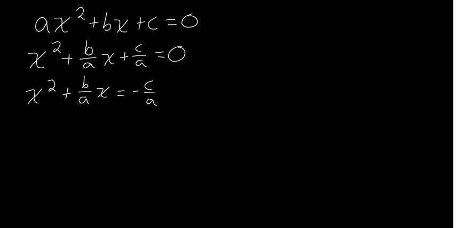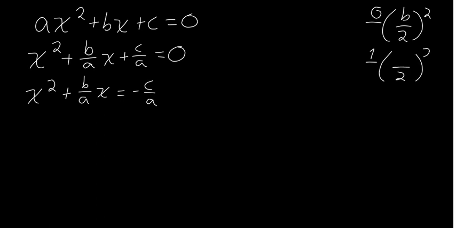Now let's go over here. We're going to have our nice handy dandy little formula. And then step 3, we square. Well, what is my b value here? Well, that is b over a. So we're going to put b over a over here. Well, b over a divided by 2 is going to be b over 2a. And b over 2a squared is going to be b squared over 4a squared.